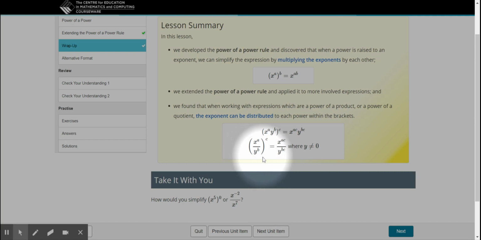If we had x^a divided by y^b and the whole expression raised to exponent c, we distribute the c to both x^a and y^b. We know they multiply, and every time we have division, we have to make sure that our denominator never goes to 0.